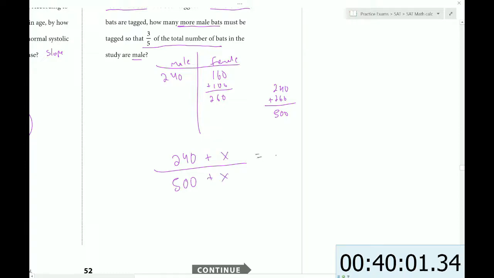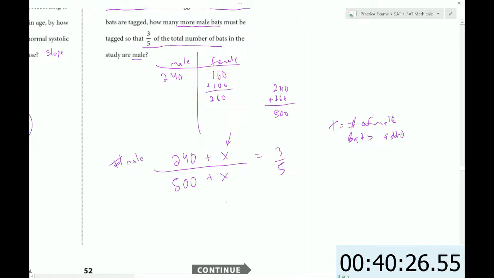We have to let X represent the number of male bats that we're going to add, the number of male bats added. Then we would add them to our numerator, because our numerator is the total number of male bats. Right now we have 240, and we're adding X.